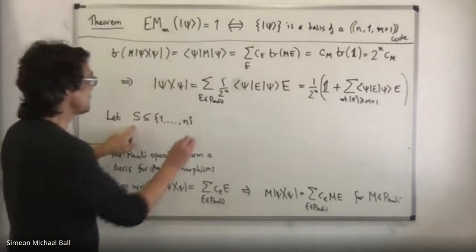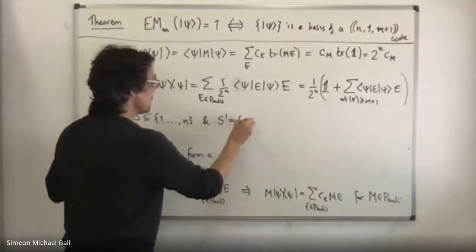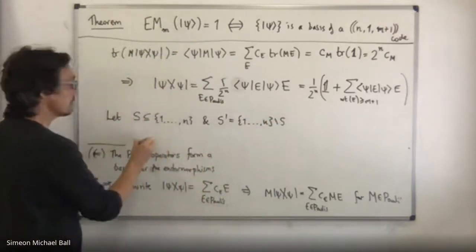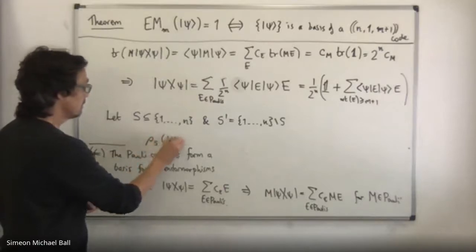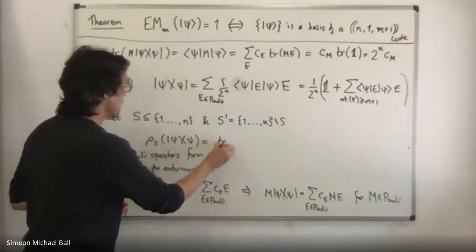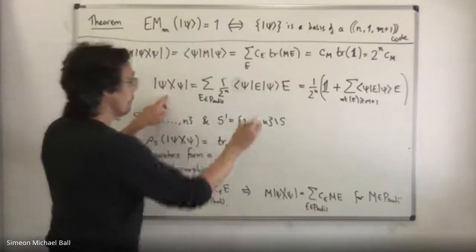So let S be that subset, and again, S prime is the complement. We're going to trace out, so rho S of this is the tracing out over S prime of all of that.